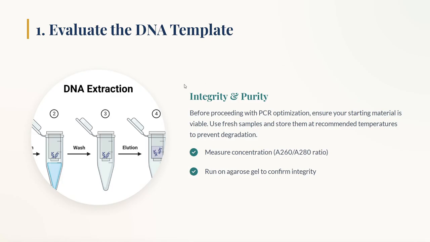Along with that, if we are still having any doubts, we should run the DNA on an agarose gel. You can use a 0.8% agarose gel so that you get a proper band. If you are getting some smears, you can be sure that your DNA is already degraded. So if it is possible, go for another round of DNA isolation from whatever the sample is, blood or tissue or whatever it is.